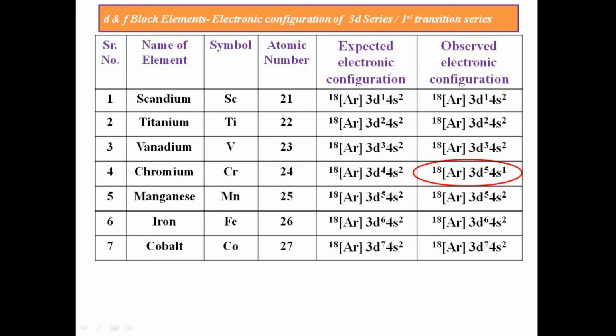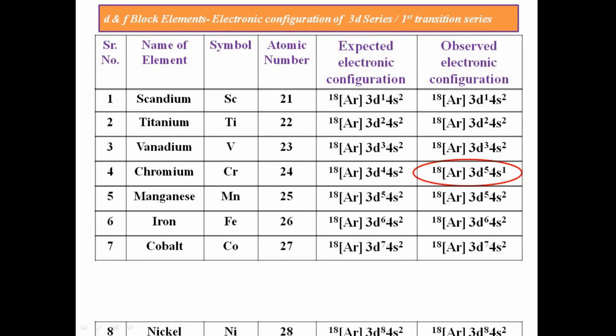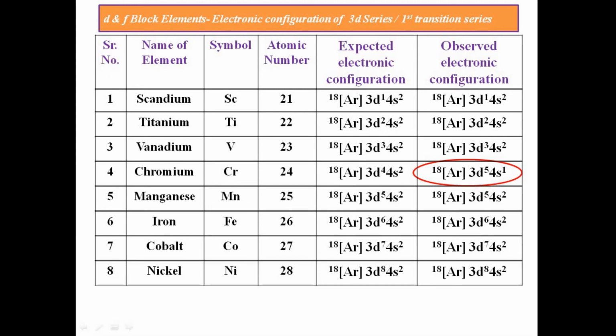Then the seventh element, cobalt, symbol Co, atomic number 27, [Ar] 3d7 4s2, observed again [Ar] 3d7 4s2. Then the eighth element, nickel, symbol Ni, atomic number 28, expected and observed electronic configurations are both the same, that is [Ar] 3d8 4s2.